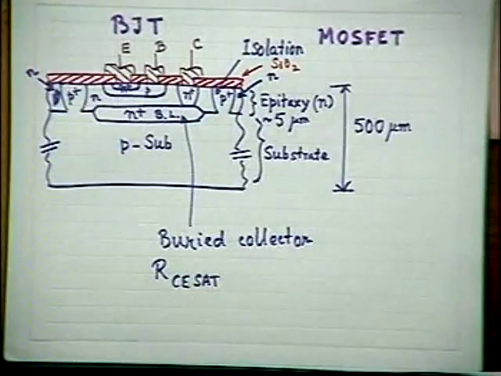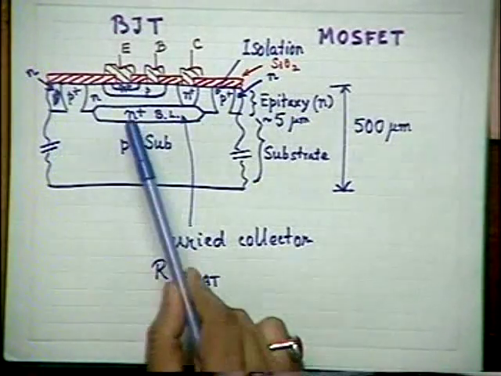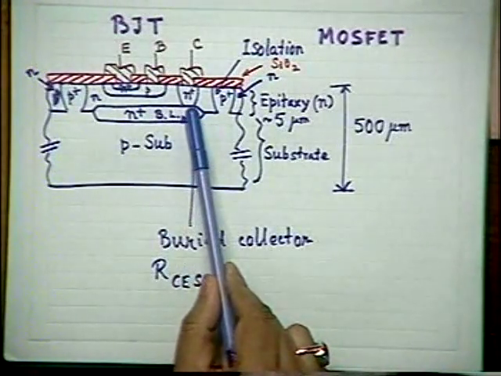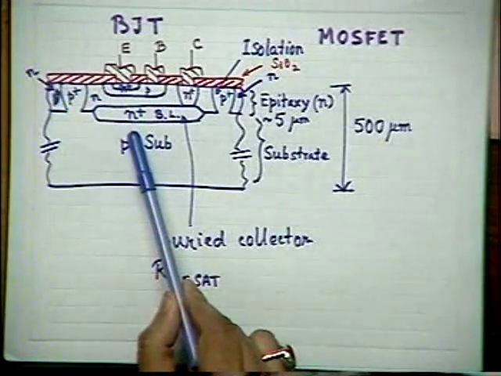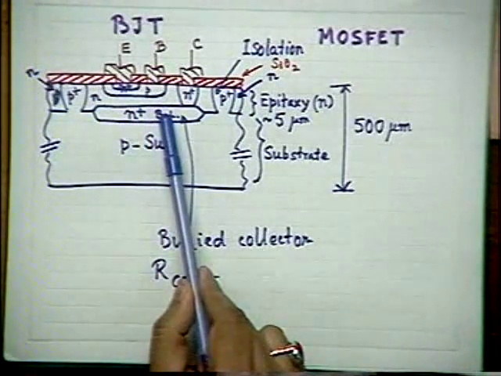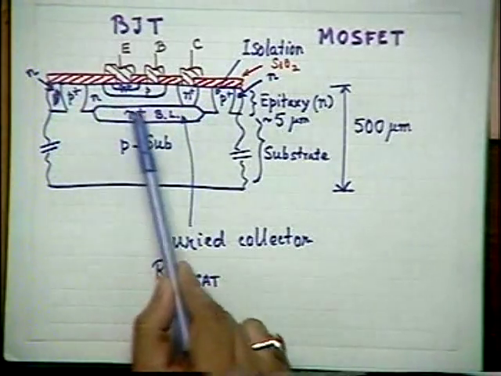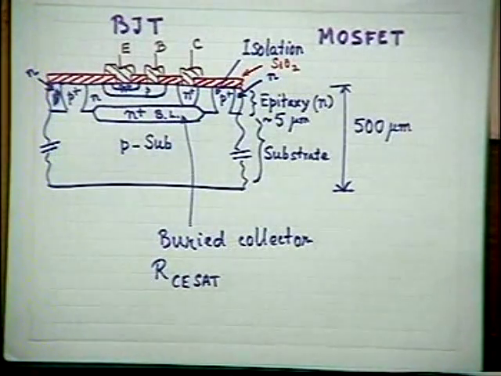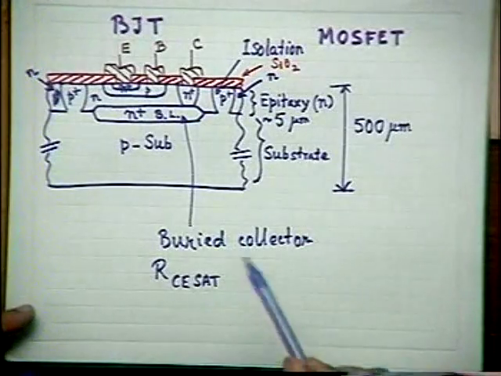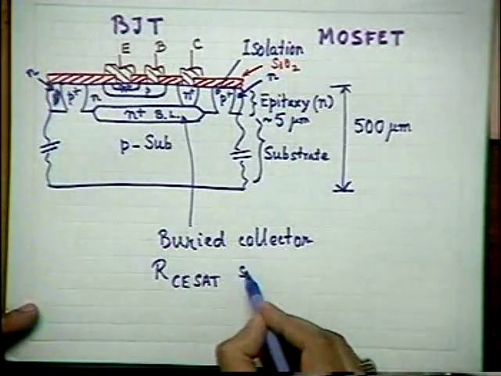And that should be kept as minimum as possible. That is why we use a buried layer between the collector and the substrate, a heavily doped N plus region, and a deep diffused collector, so that the series resistance of the collector is as low as possible. That means our RC saturation is small.